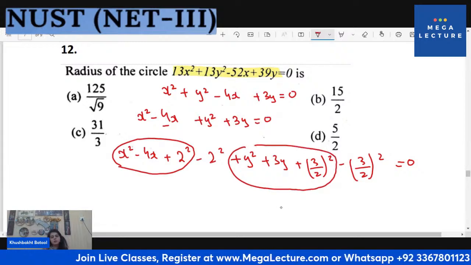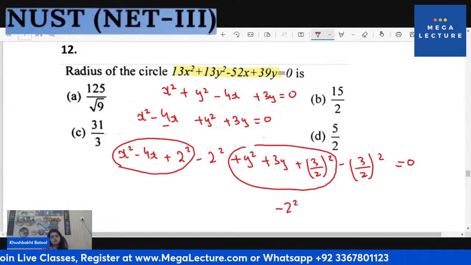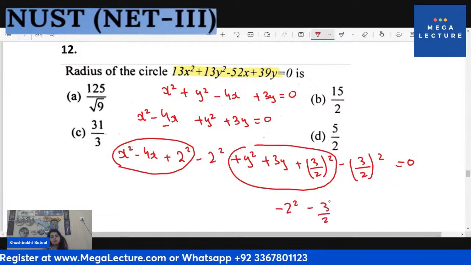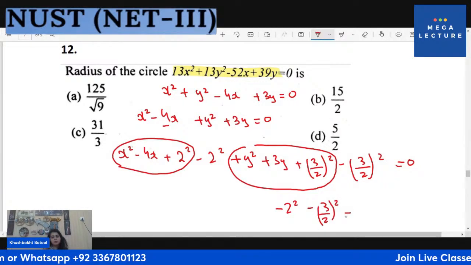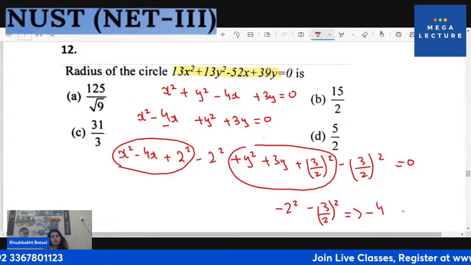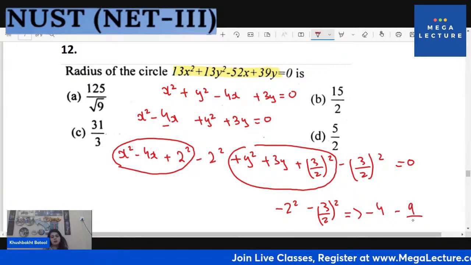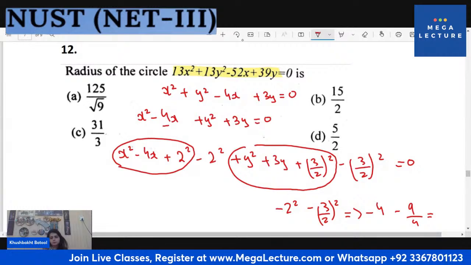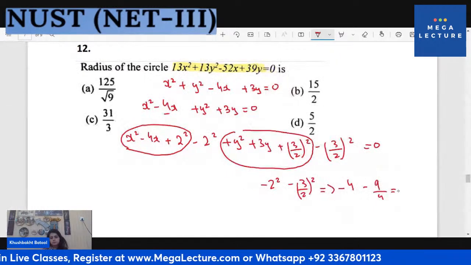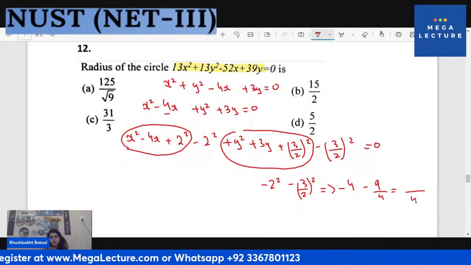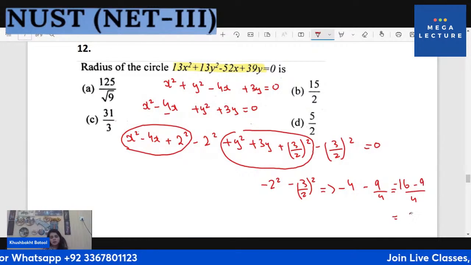We are left with minus 2 squared minus 3 by 2 whole squared, and this is going to give me minus 4 and minus 9 by 4, and this would give me, taking 4 common, minus 16 minus 9, and it is giving me minus 25 by 4.